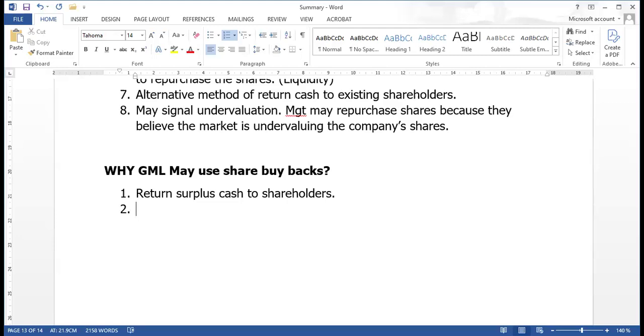They prefer to receive their money in the form of you buying the shares instead of dividends.